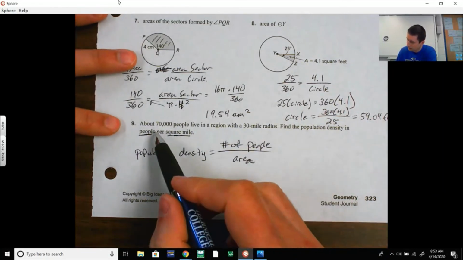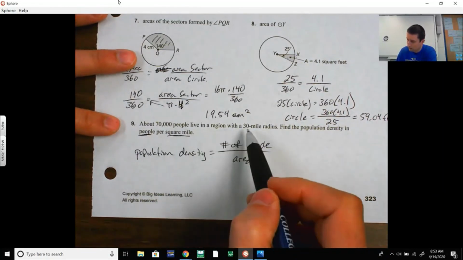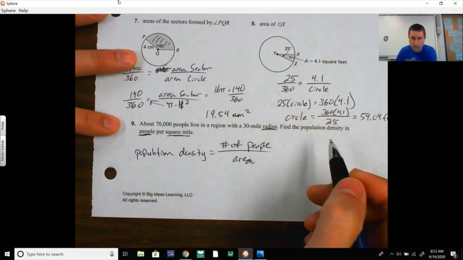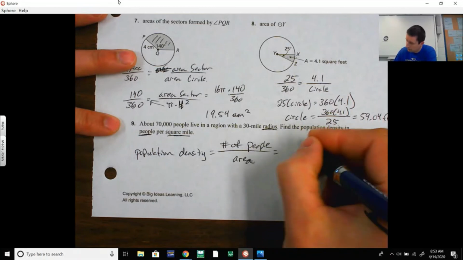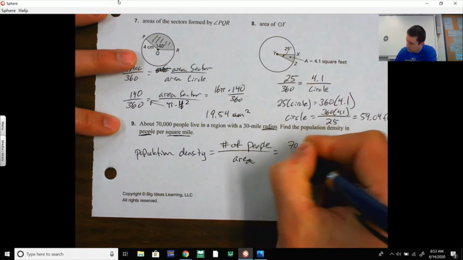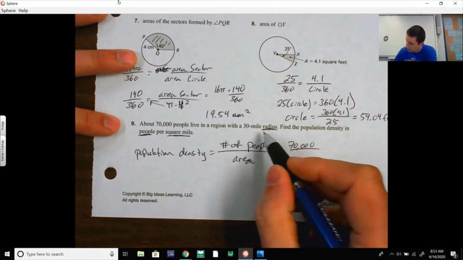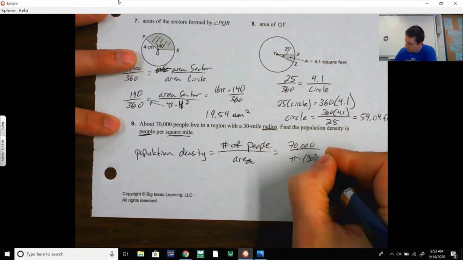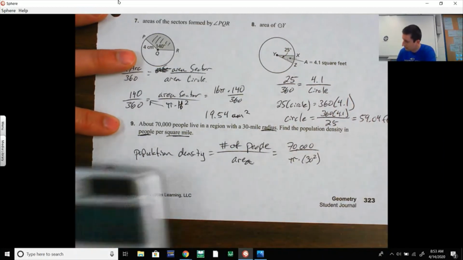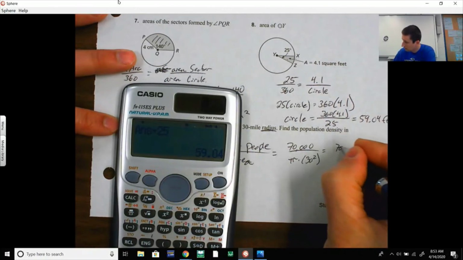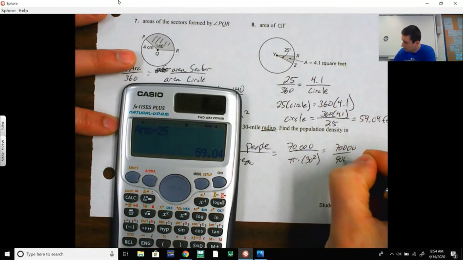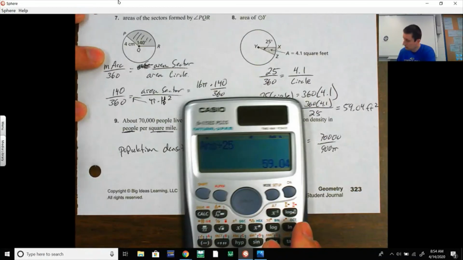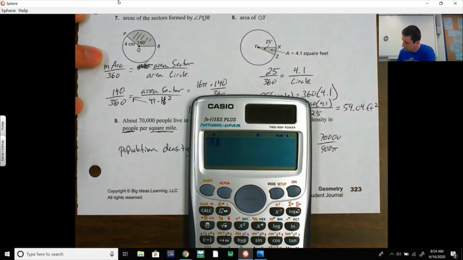So about 70,000 people live in a region with a 30-mile radius. That means we have a circle. Find the population density in people per square mile. So the number of people is 70,000, and the area would be pi times 30 squared. So what's 70,000 divided by 900 pi? That's what we're going to calculate here.